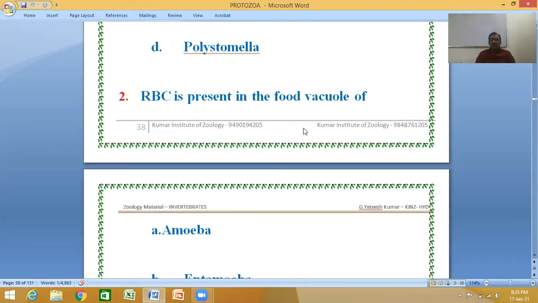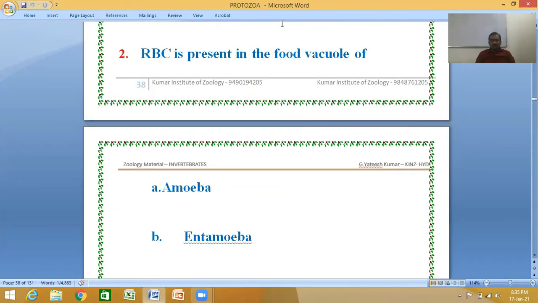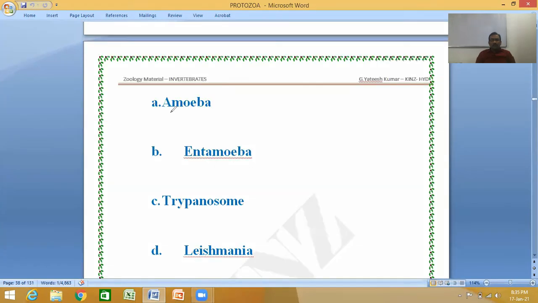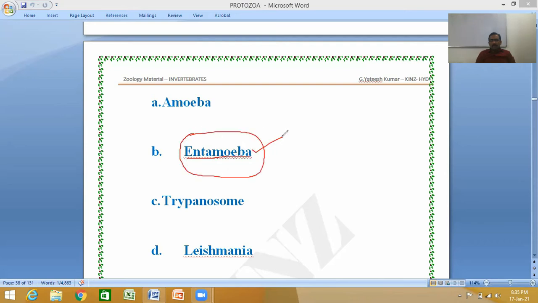Next, RBC is present in the food vacuole of amoeba, Entamoeba, Trypanosoma, Leishmania. Entamoeba histolytica is the intestinal parasite, and it eats the RBC. By using hemolysin, an enzyme, it cleaves the large intestine wall, and the oozing blood RBC it takes as a food material.